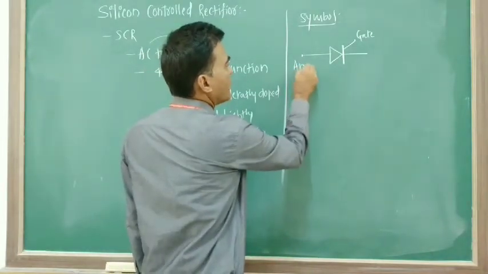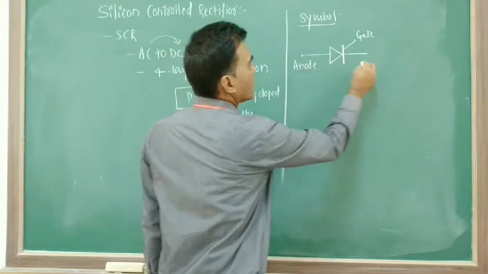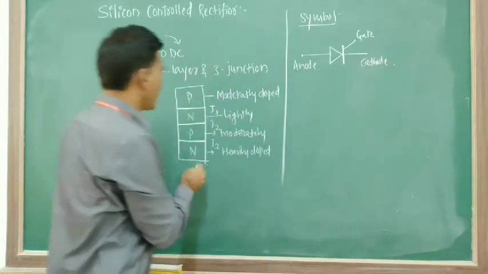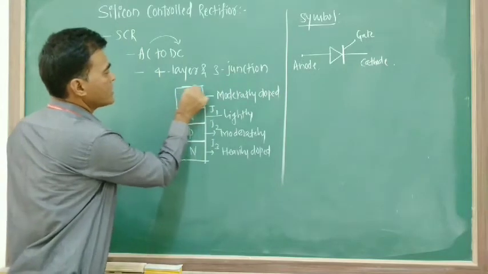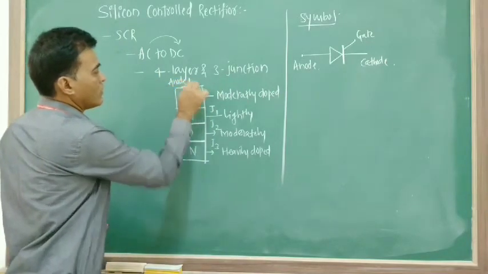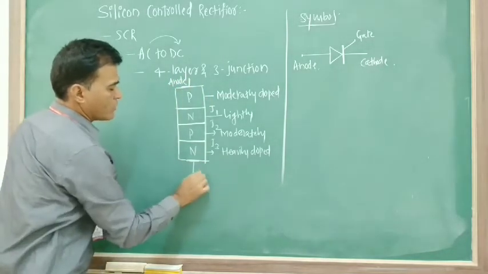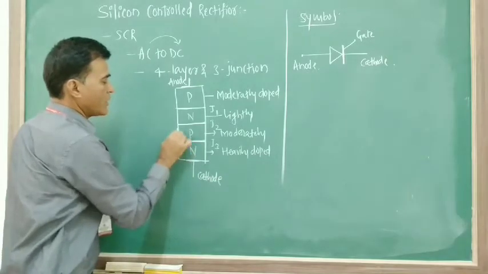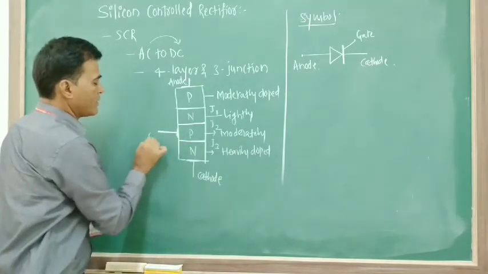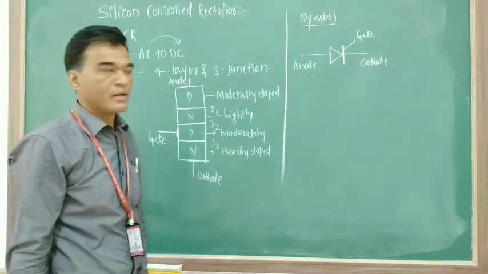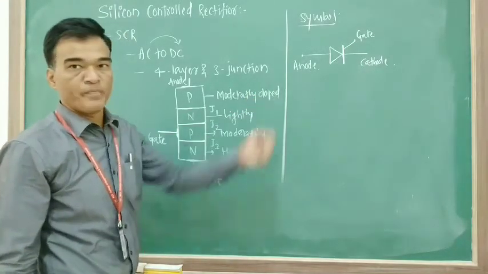This is the anode terminal and this is the cathode. In the structure also we can show these terminals. So here we have the anode, this is the cathode, and we have the gate at the third layer. This is the symbol.